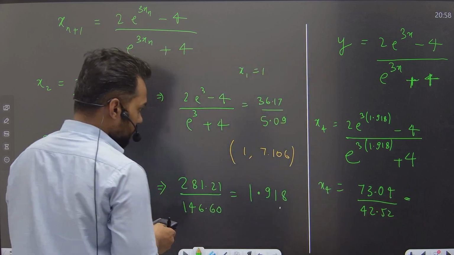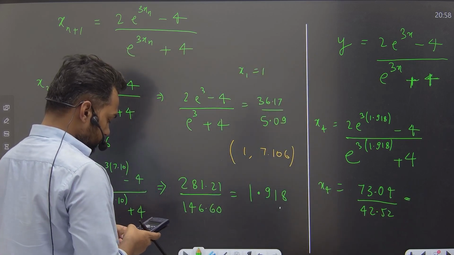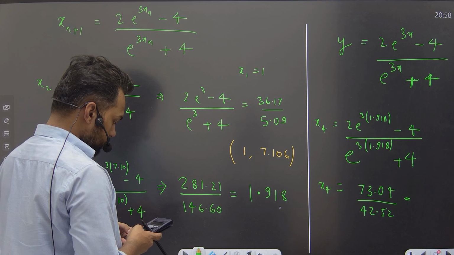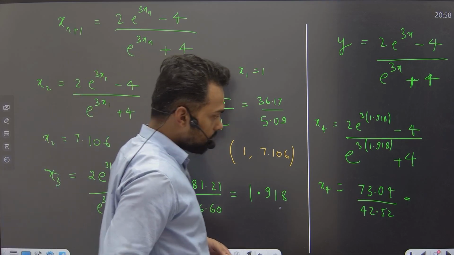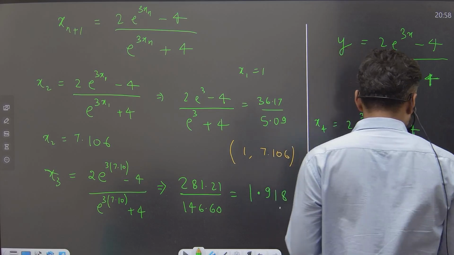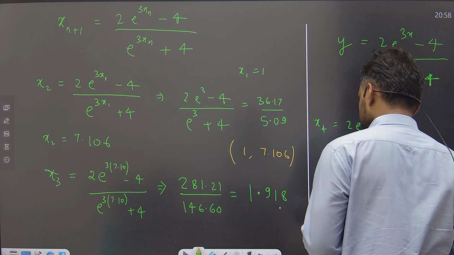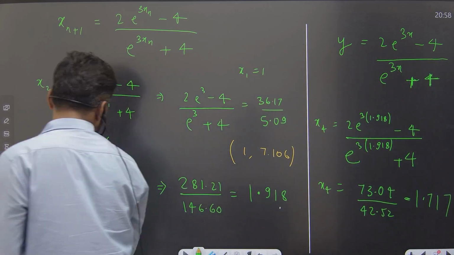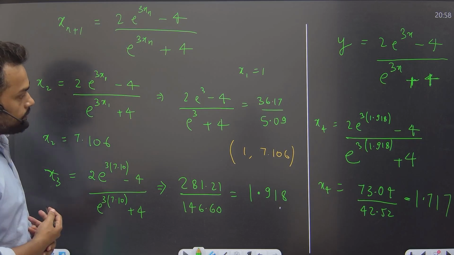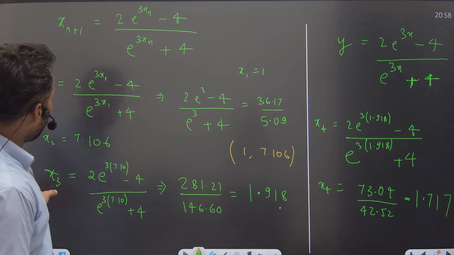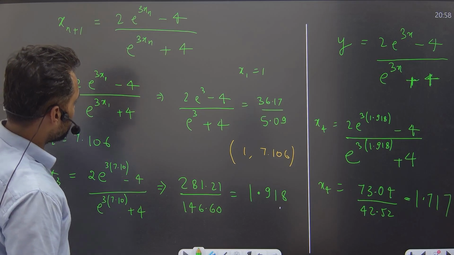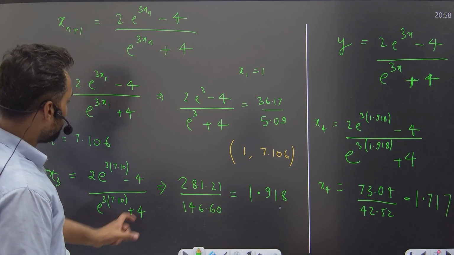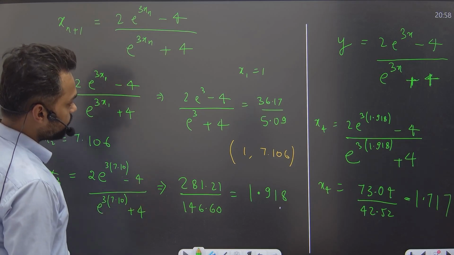So what value are we getting here? 73.04 divided by 42.52, so we are getting 1.717. So on plugging the value of x3 equals to 1.918, we get x4 as 1.717.